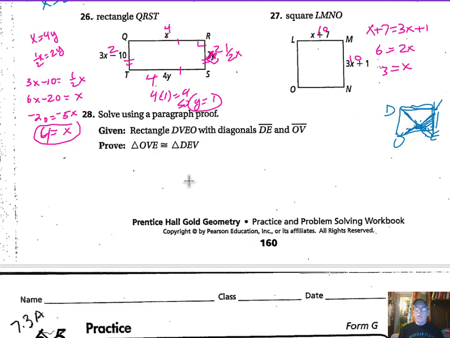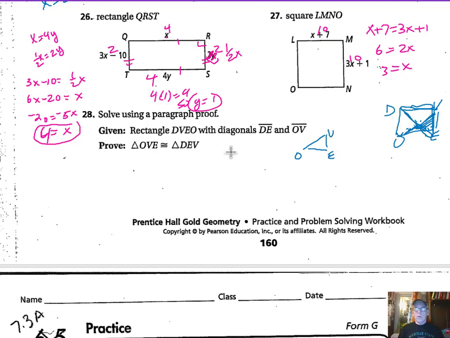So let's see what we can do by way of argument here. If we look at this one triangle, the DEV one, well, which one did I do? I did this one. So this is the OEV triangle.